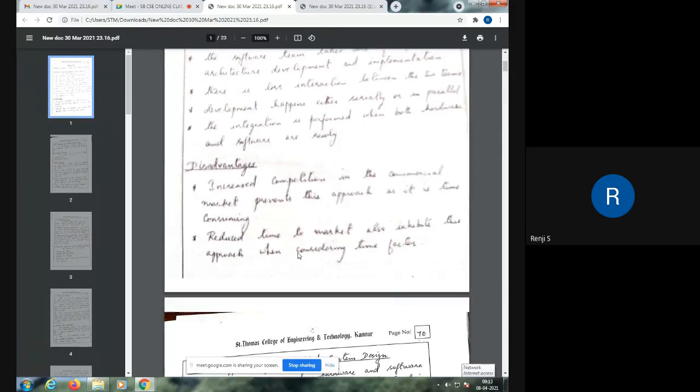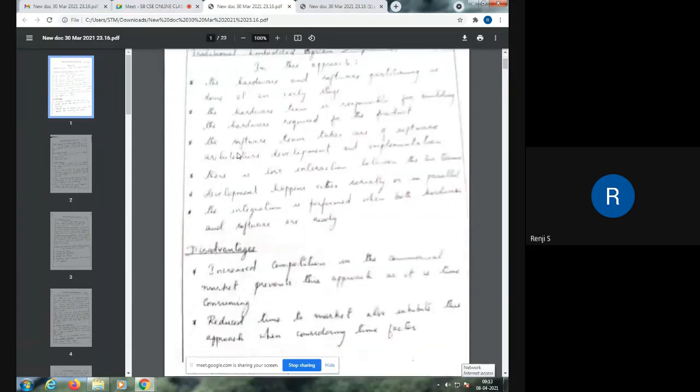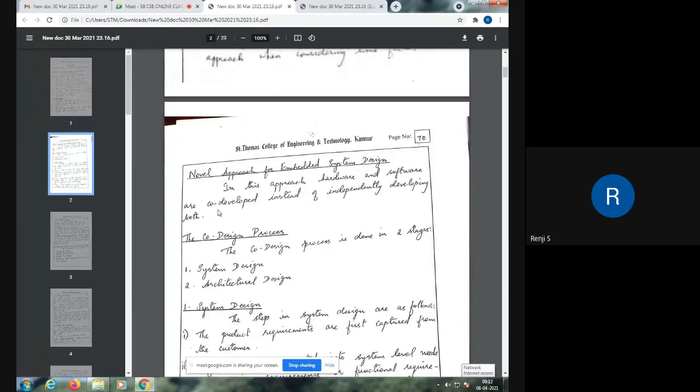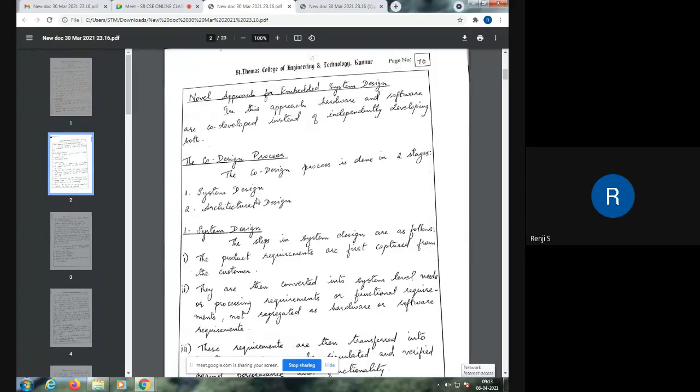The traditional approach was not followed in the later days, and finally a new approach for designing was adopted. Novel means a new approach for embedded system design has been adopted, and in this approach hardware and software are co-developed.